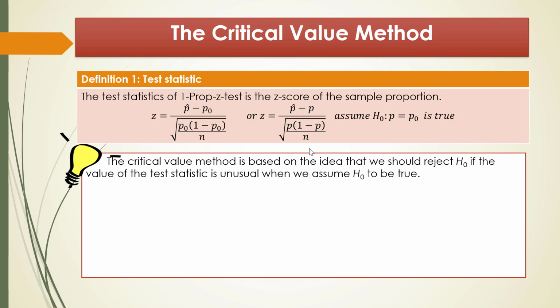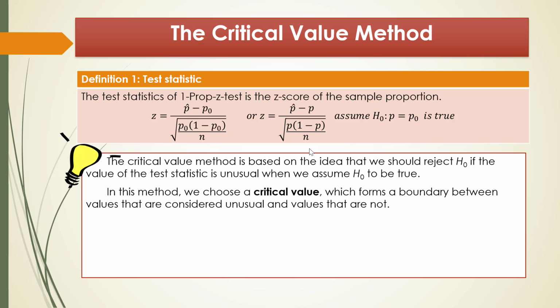And just like the z-test, the critical value method is based on the idea that we should reject the null hypothesis if the value of the test statistic is unusual, when we assume the null hypothesis to be true. In this method, we choose a critical value, which forms a boundary between the values that are considered unusual and the values that are not considered unusual.